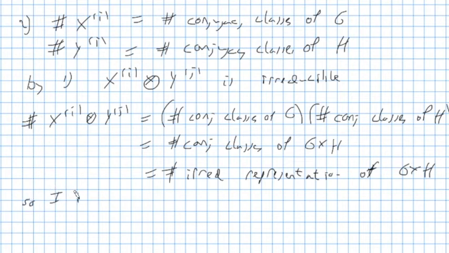So there are no new irreducible representations. They all come from doing this process.